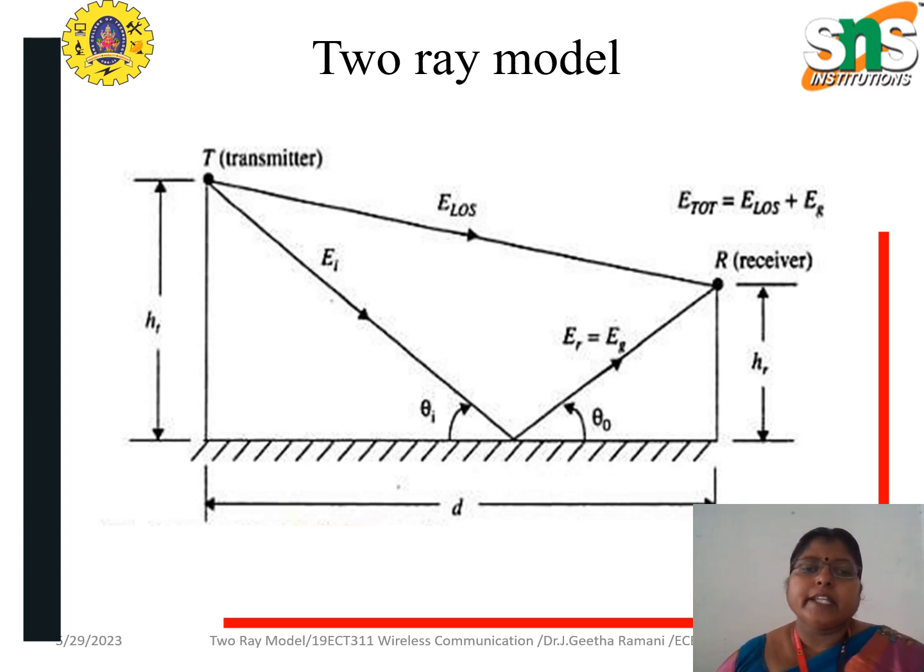The incident angle is theta i and the reflection angle is theta o. The total energy at your receiver side is calculated as energy due to the line of sight plus energy due to the ground reflected path. This is the incident energy, this one is the reflected energy, which is equivalent to the ground reflected energy, E_g.